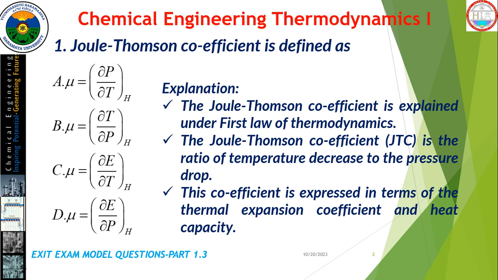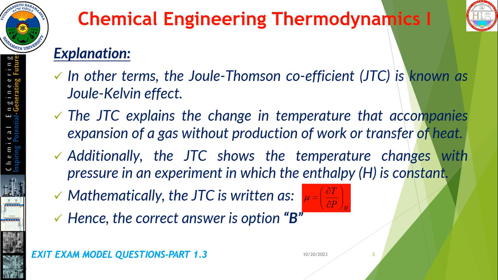This coefficient is expressed in terms of the thermal expansion coefficient and the heat capacity. It is a function of both the thermal expansion coefficient, which means beta, and the heat capacity, or Cp. In other terms, the Joule-Thomson coefficient is known as the Joule-Kelvin coefficient.